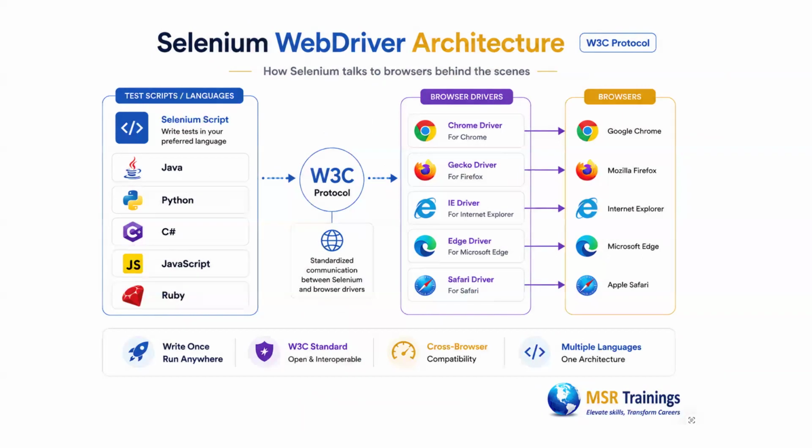The latest version of Selenium is Selenium 4, and its architecture looks like this. The scripts that we create, which we call automation scripts or Selenium scripts, can be written in Java, Python, C Sharp, Ruby, or JavaScript. They cannot directly interact with the browser.